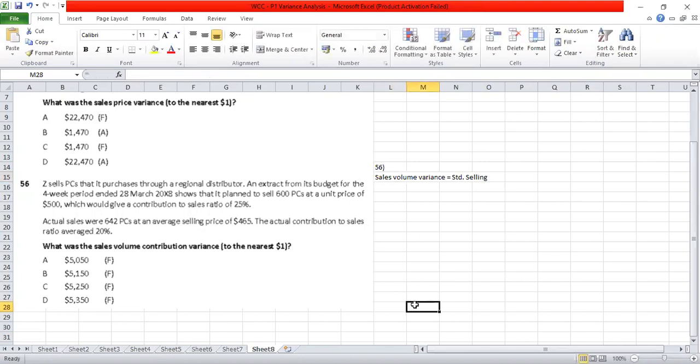Ma'am, is there a difference between sales volume variance and sales volume contribution variance? There is a difference. These variances, if they are following absorption costing, consider the total cost and the total revenue, but marginal costing focuses only on the marginal cost. Therefore, in such a situation, wherever selling price was taken, there it would be taken as the contribution margin.